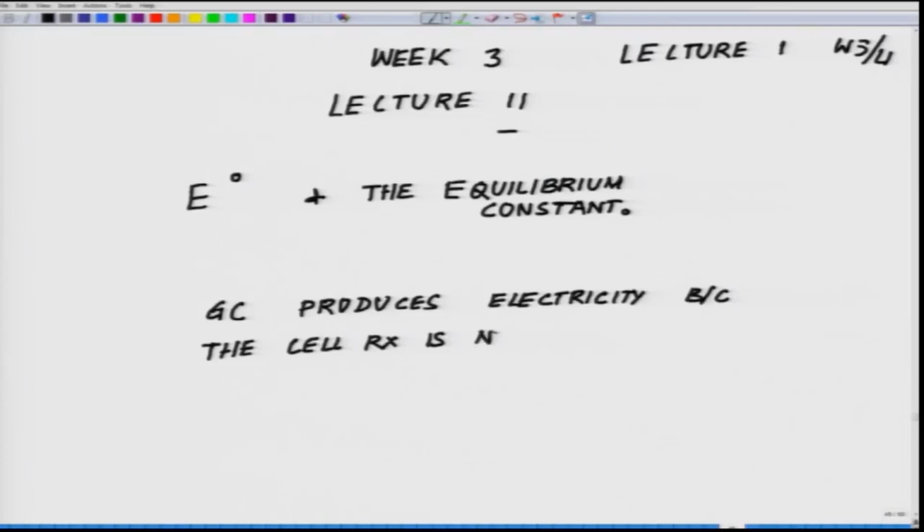This is one of the fundamental things. The potentiometer allows negligible current, so the concentration of the cell remains unchanged.